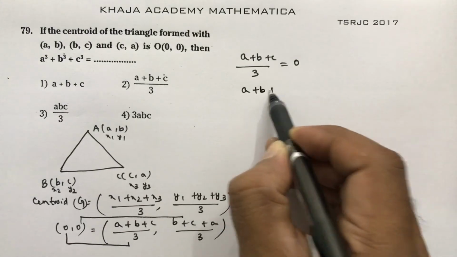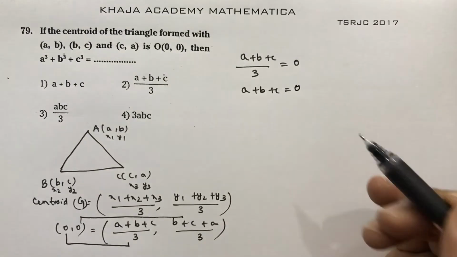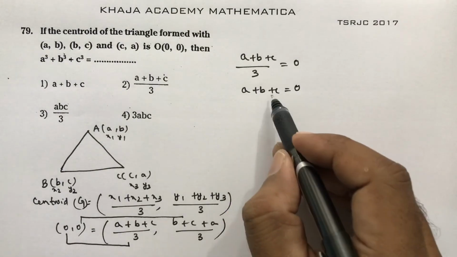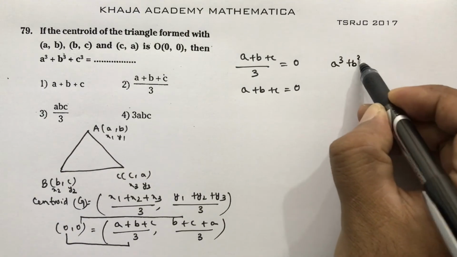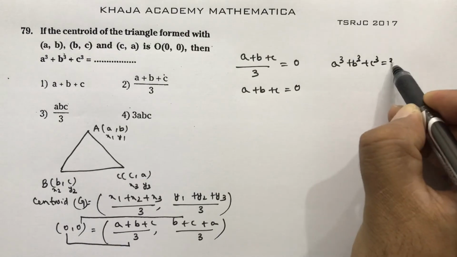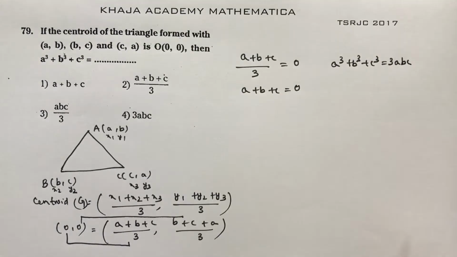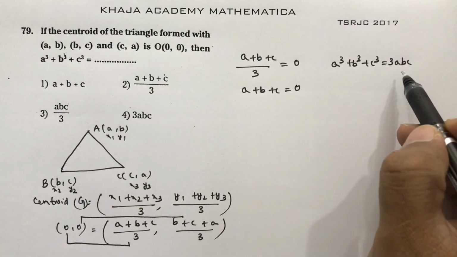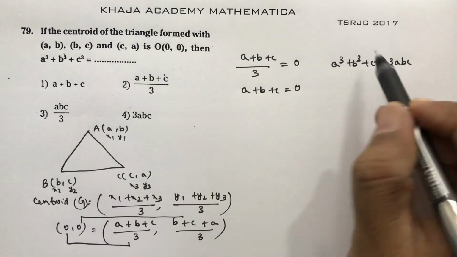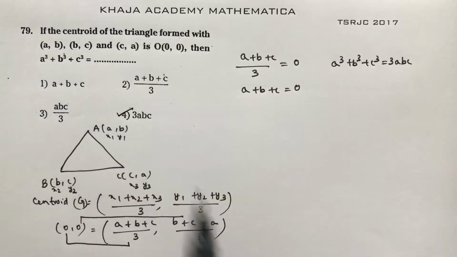So a plus b plus c is 3 into 0, which is 0. See, if a plus b plus c is 0, then a cube plus b cube plus c cube is 3abc. So the correct option is 4.